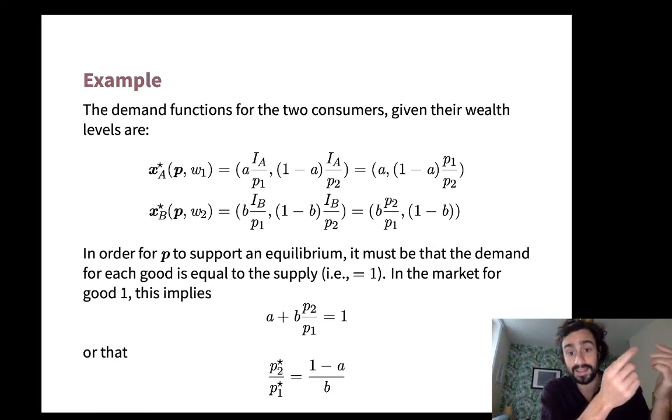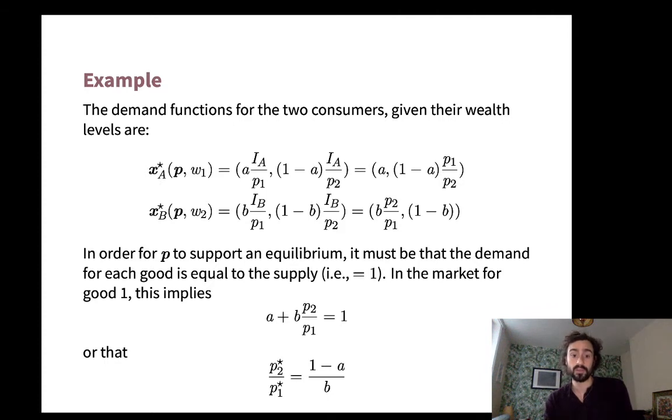So that means that the amount of good 1 demanded by A, which is just little a, plus the amount of good 1 demanded by B, which is P2 over P1, must equal 1. It must equal the endowment of good 1, the supply of good 1.